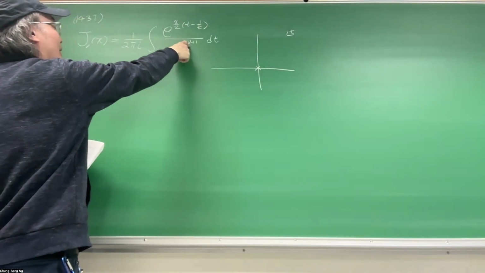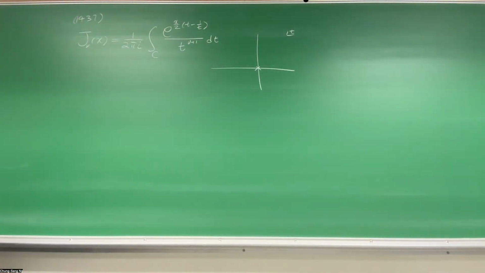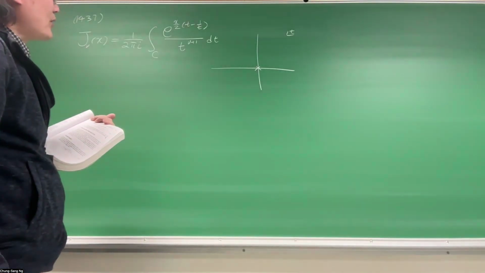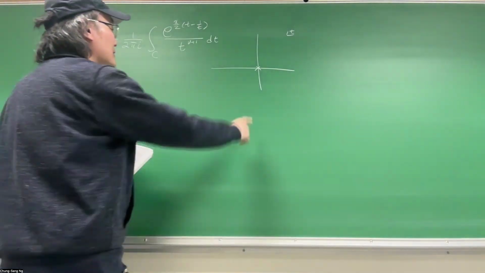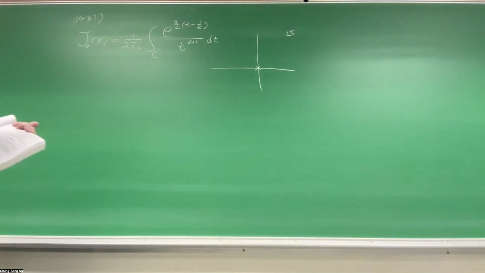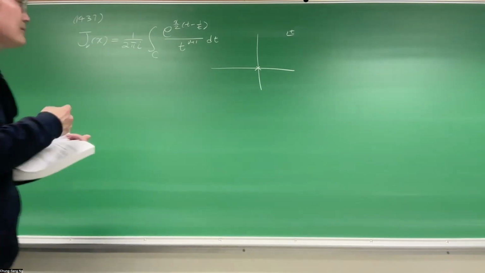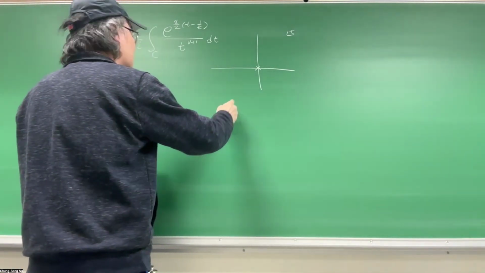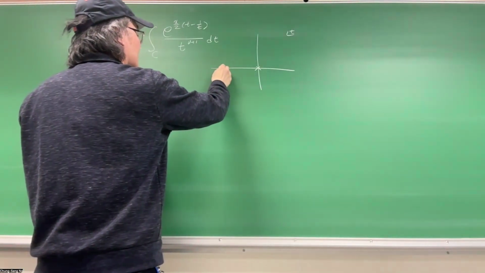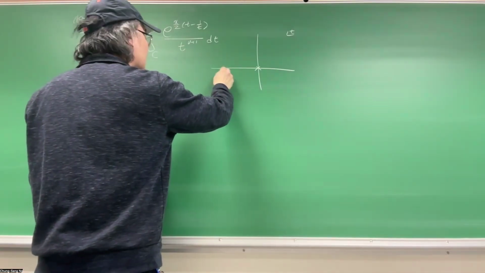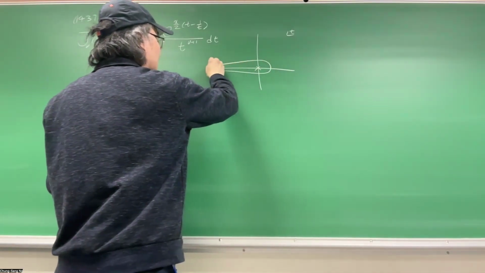If this is in the numerator, it's at least t or t to a positive power, then there's a pole at the origin, obviously, and there's no branch point for integer, but C is defined as going around the branch point, so going around doesn't matter.